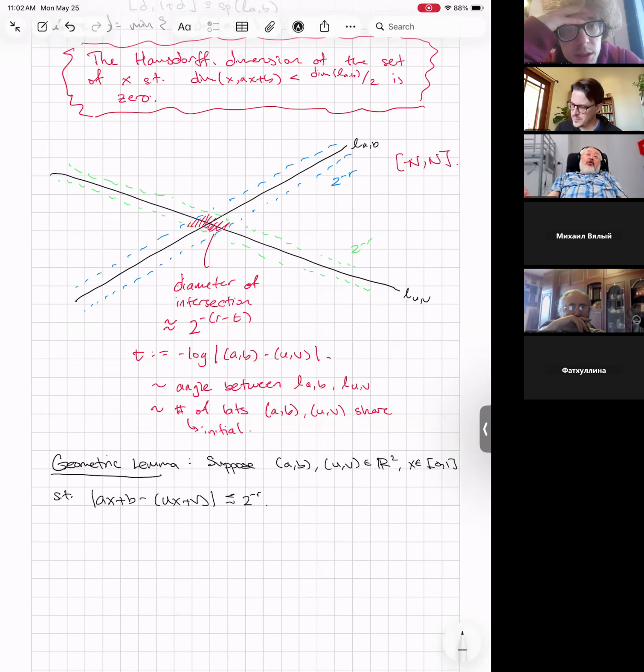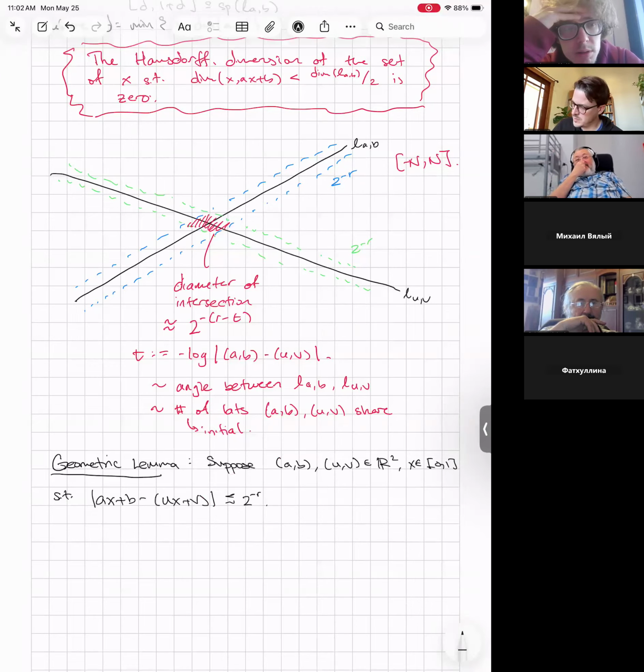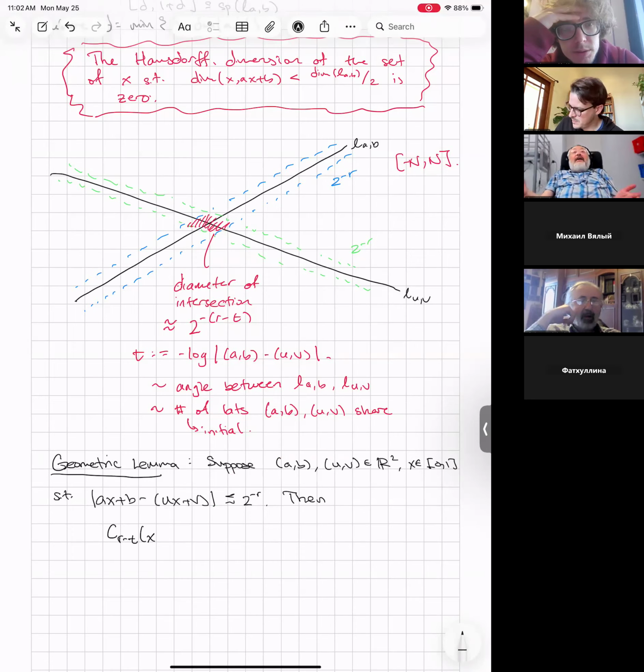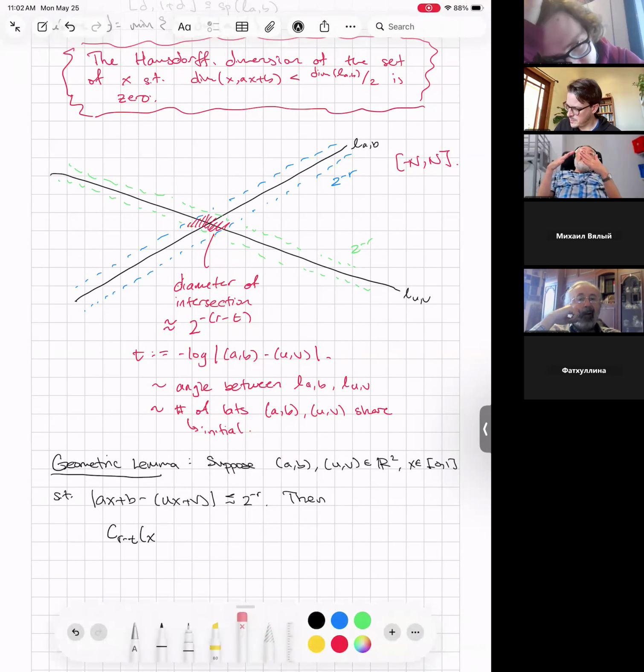Why? If you know the diameter of the intersection is small, then you take just 1 point of the intersection. Okay, so the claim is that I know it with some precision. And there is some geometric explanation of this.